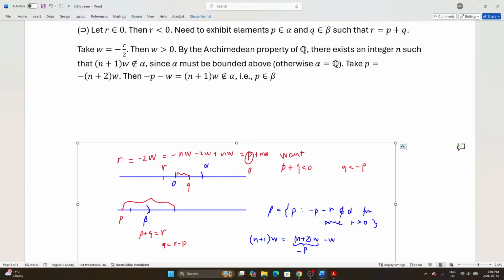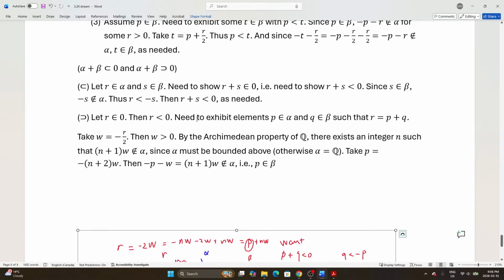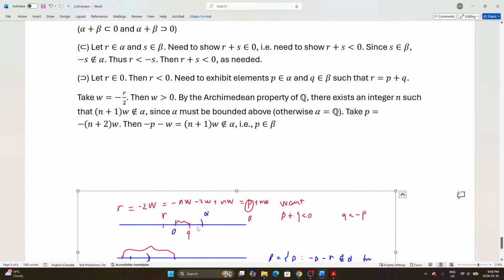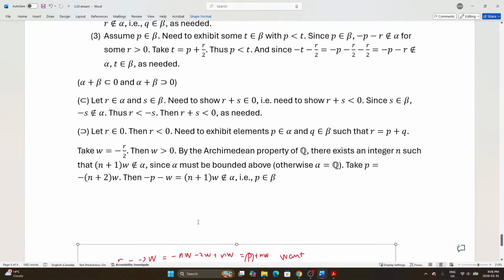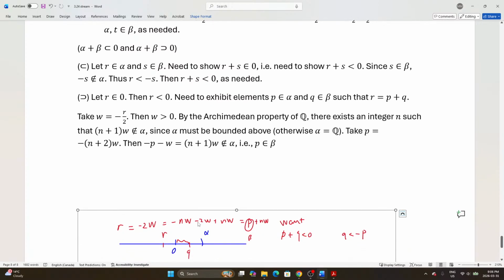So let's rework this. Can we at least say alpha is positive? I have R is in 0, therefore R is less than 0.